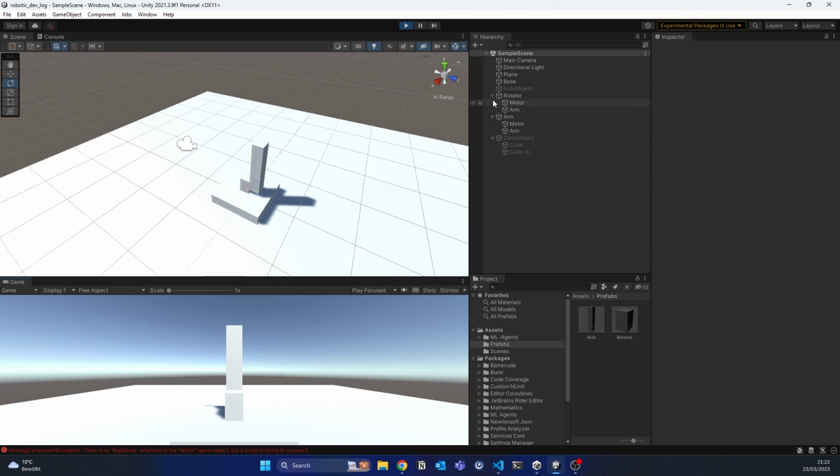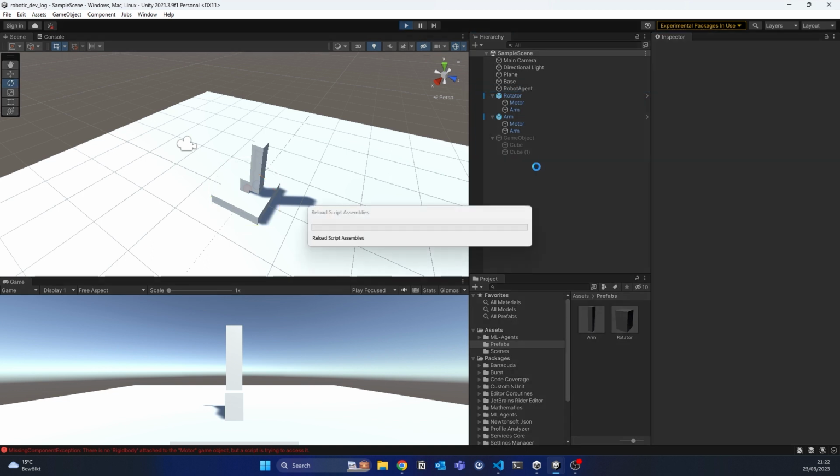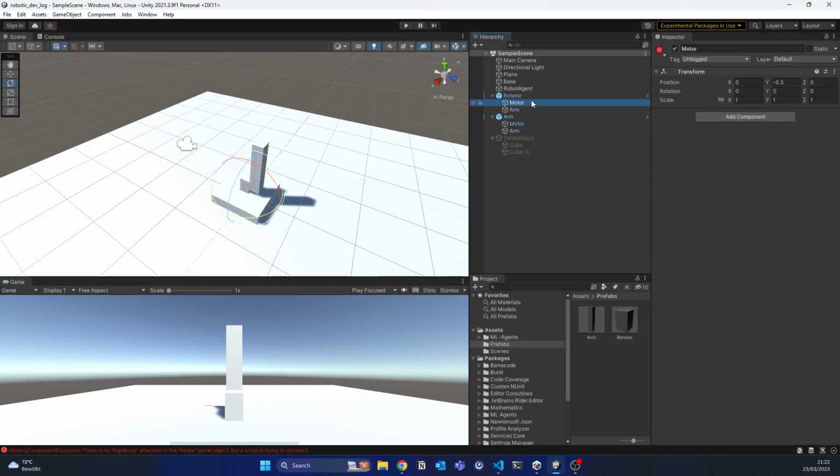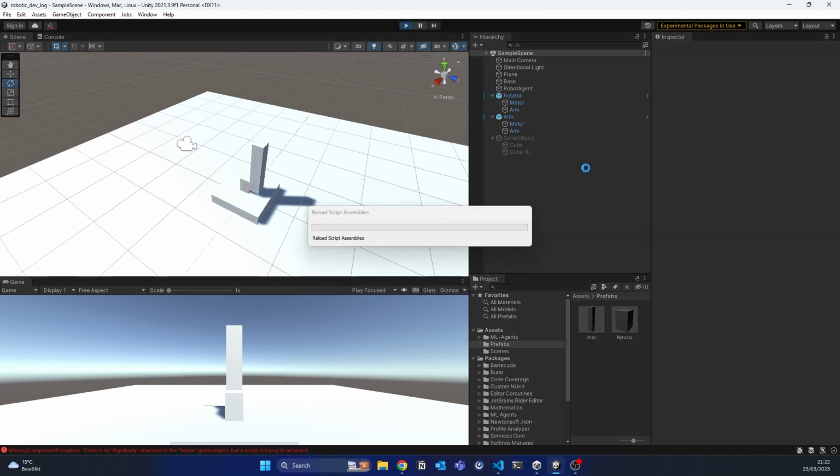Okay, what is missing? The missing is the robo agent. That makes sense. Rolling now is complaining about not finding a rigid body. That's a different problem. Hold on. So what does it say now?